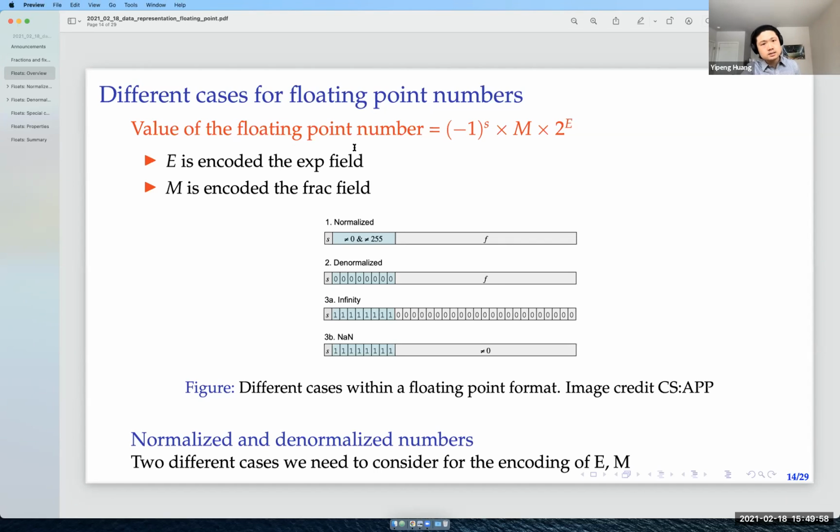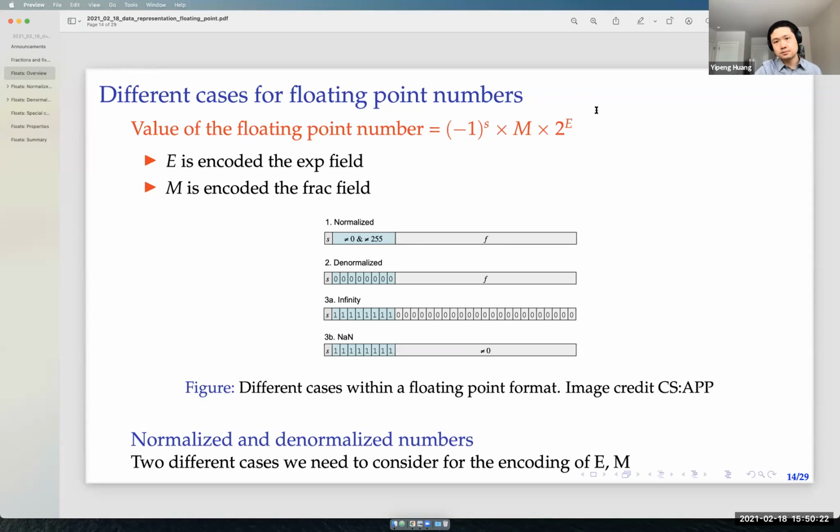So in all cases, for all floating point numbers, the real number that we're representing can be described via this equation: -1 to the power of s times M times 2 to the power of E. So this is the real number that we're encoding.